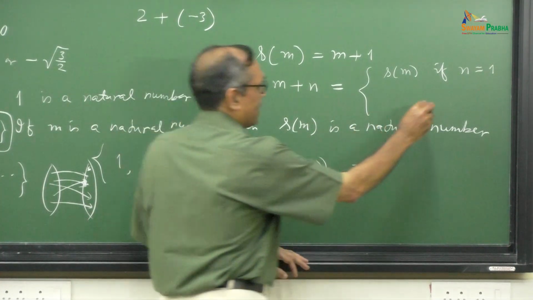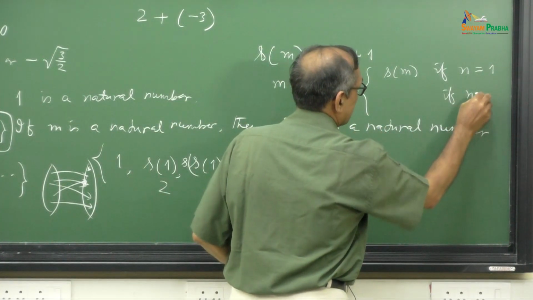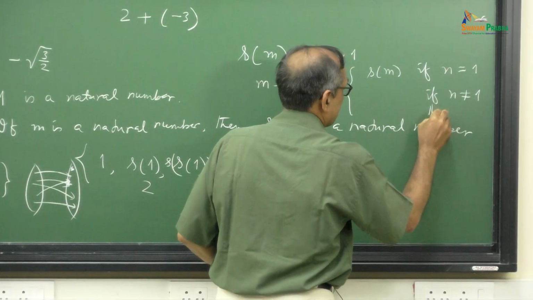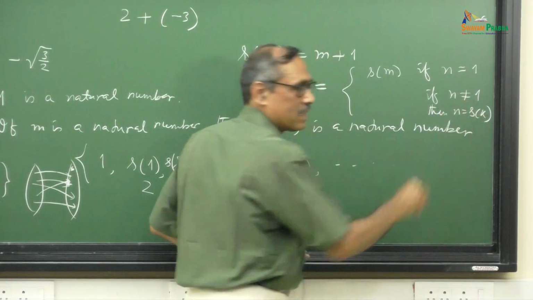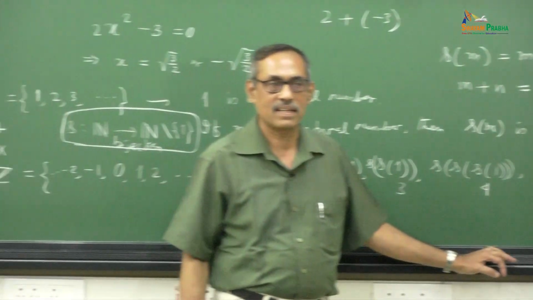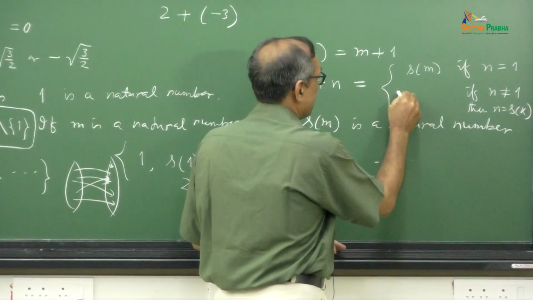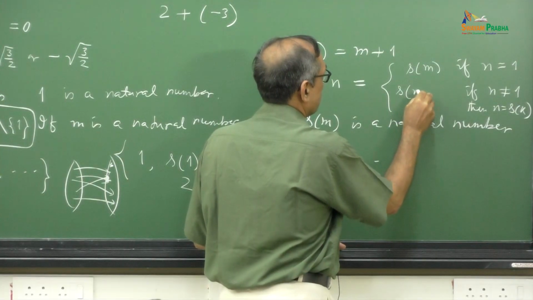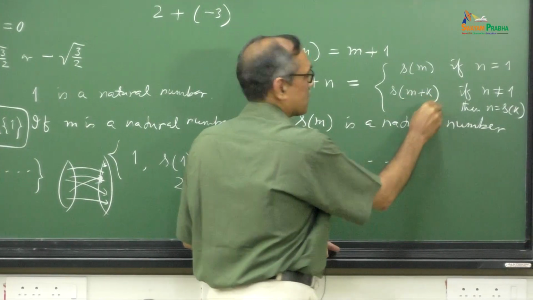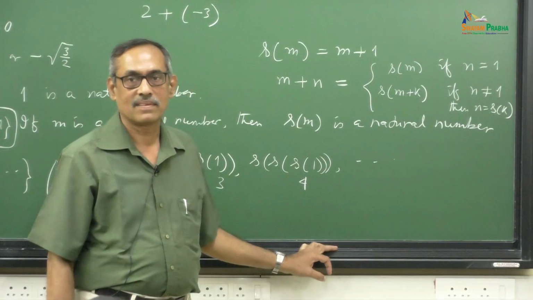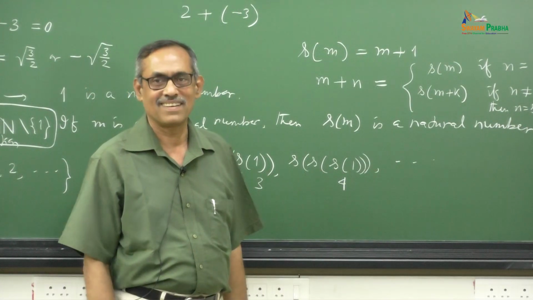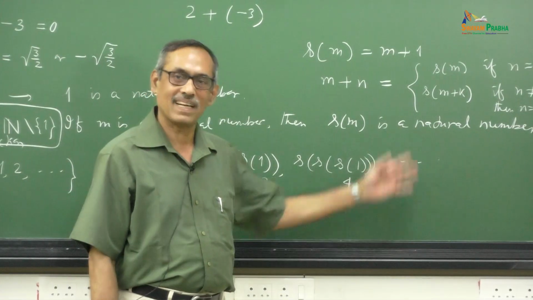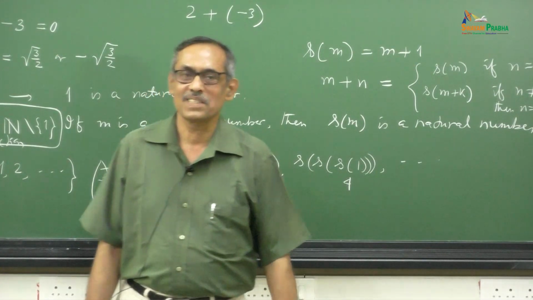If n is not equal to 1, then n equals S of k for some k. So, what we do is write that m plus n equals S of m plus k. Whatever that is, I do not know, but that defines it recursively.